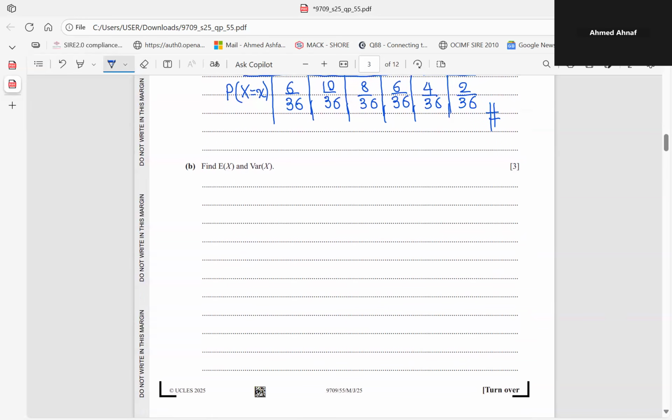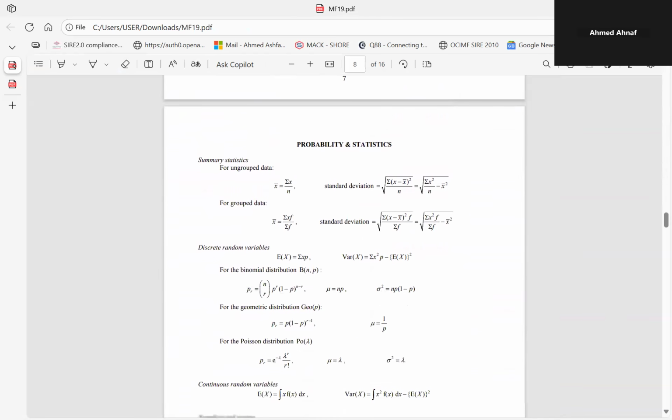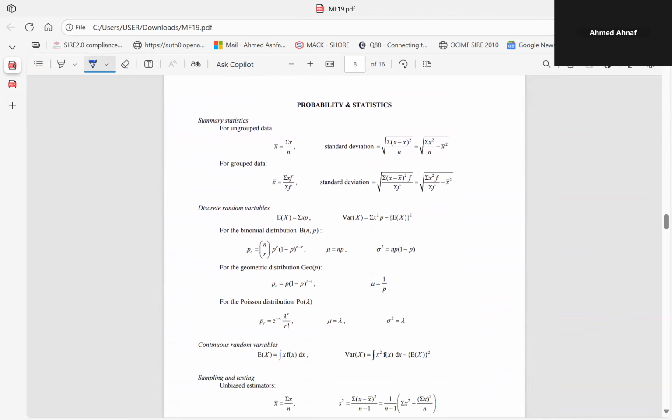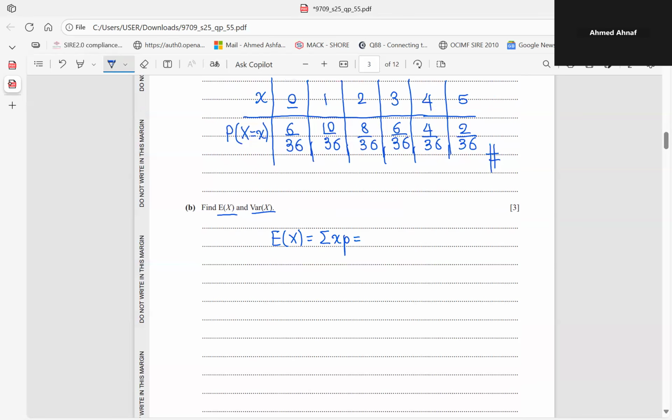Okay, so now we have to find the E(X) and the variance of X. To find E(X), the formula is given in the MF19, in probability and statistics, under discrete random variables. So it's right here. E(X) is just the summation of x times p. This just means it's the sum of all the x values times the corresponding probability.